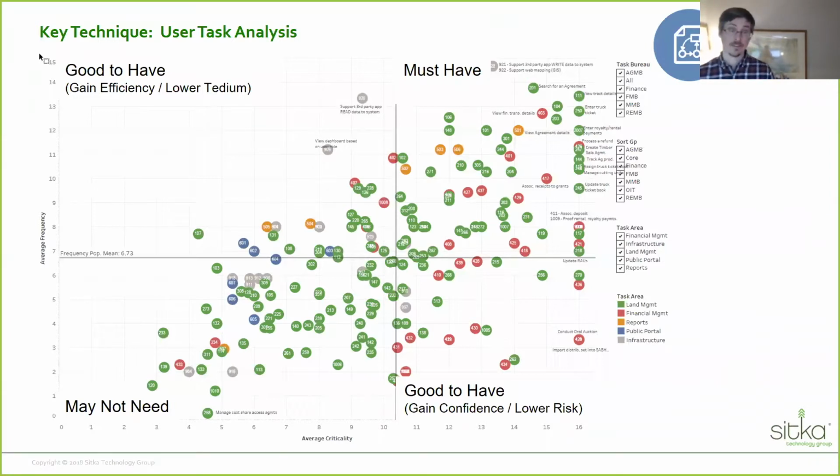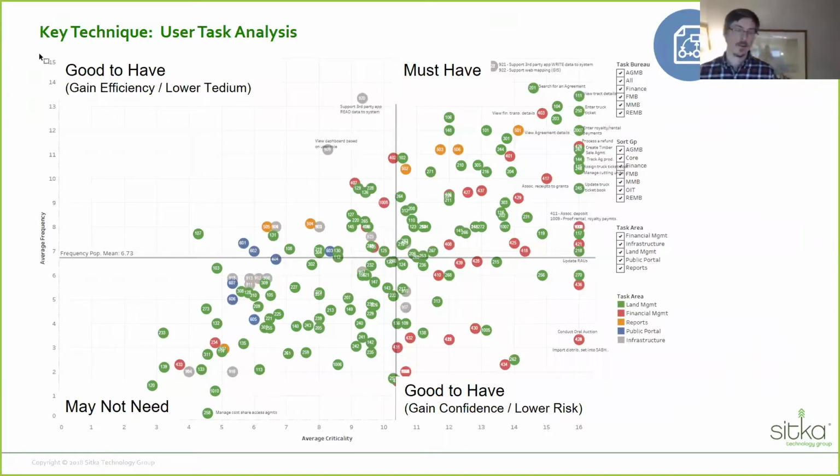So that's stuff that we need to make better, we should focus and invest time in, that will help you focus on what's most important to the most people in your organization. The quadrant here in the northwest, good to have. That's stuff that happens frequently but isn't very critical. That allows you to gain efficiency in your work and lowers tedium. So you may consider biting off some of these in your plan.